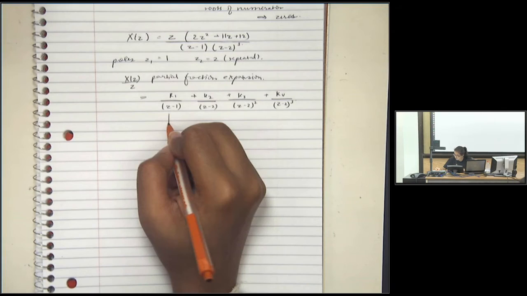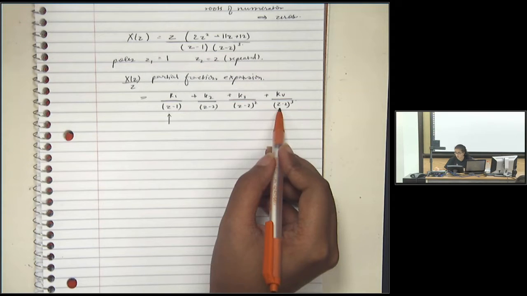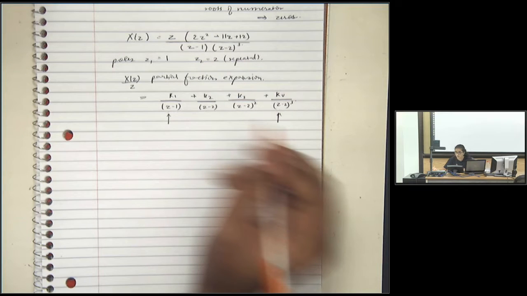Now k1 and k4 can just be found by multiplying X(z) over z with z minus 1 and z minus 2 cubed respectively and substituting z equal to 1 and z equal to 2.